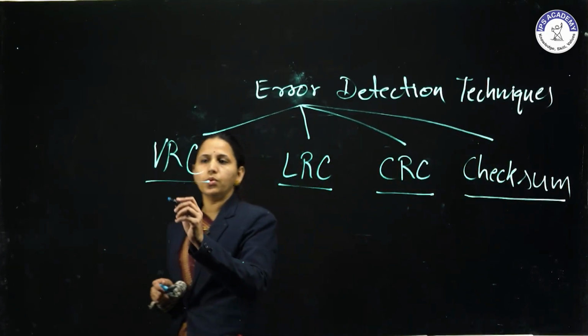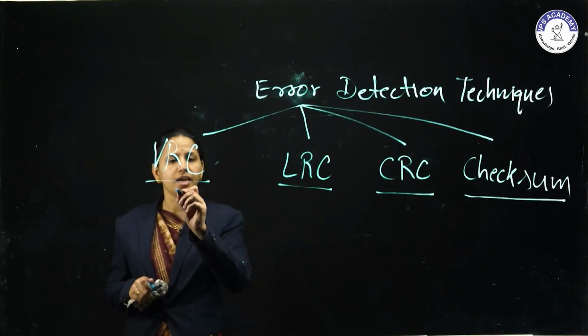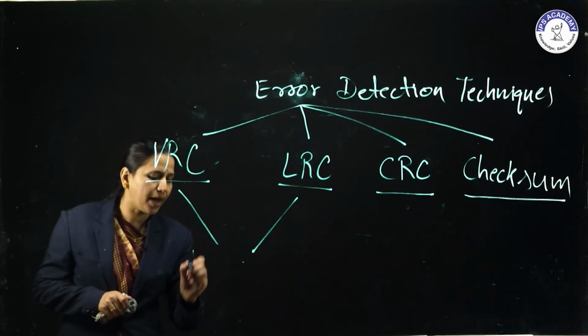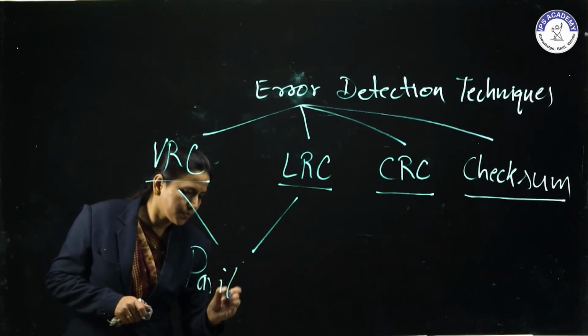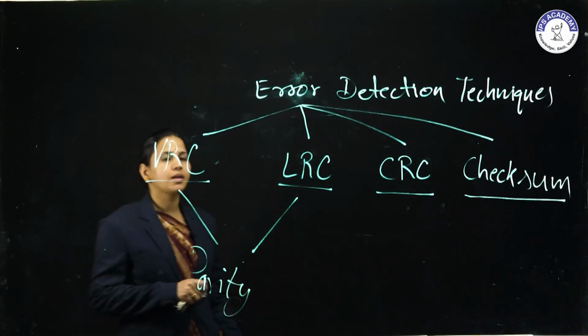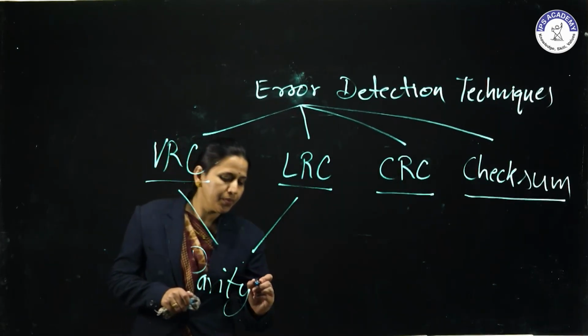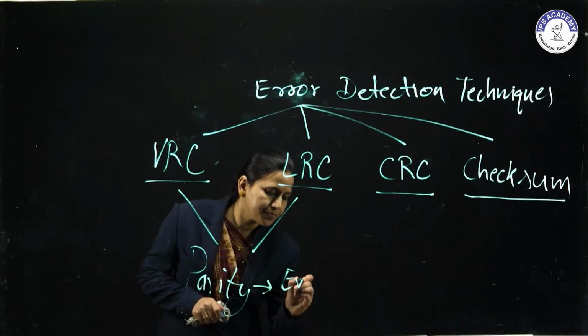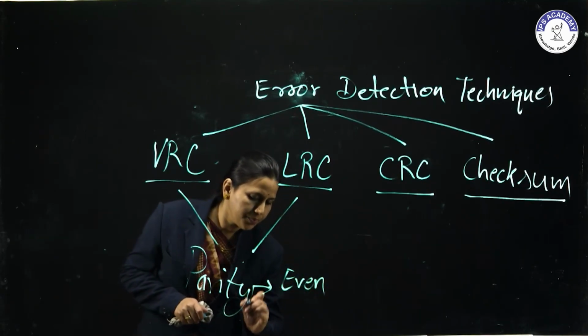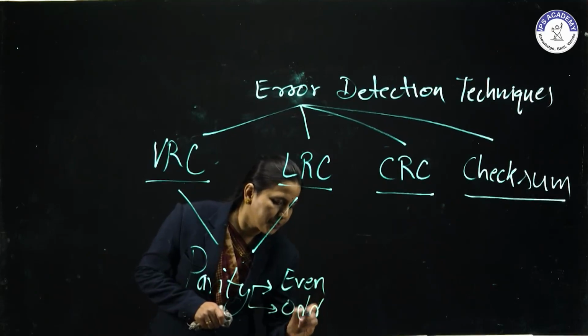The first 2, VRC and LRC, use the concept of parity. As we know, there are 2 types of parity, even parity and odd parity.